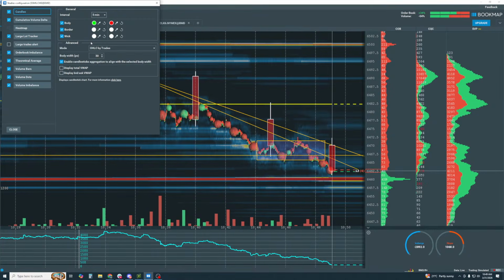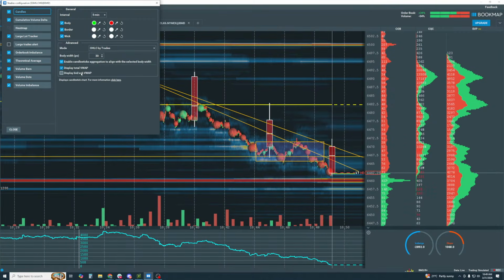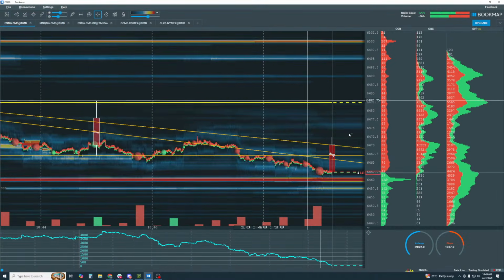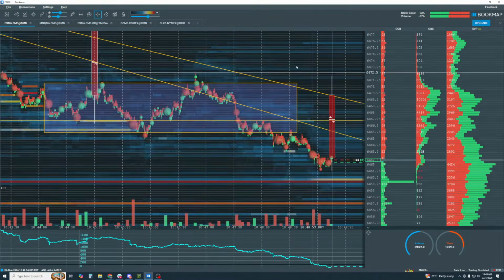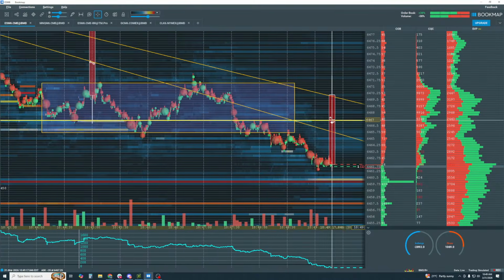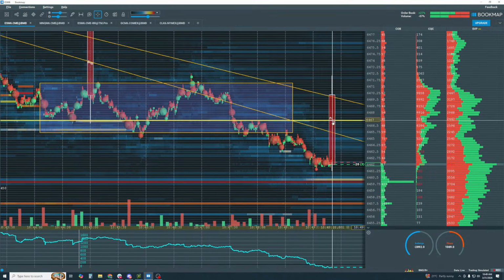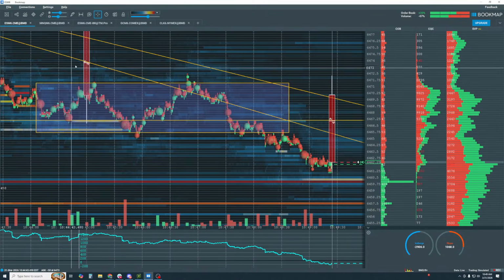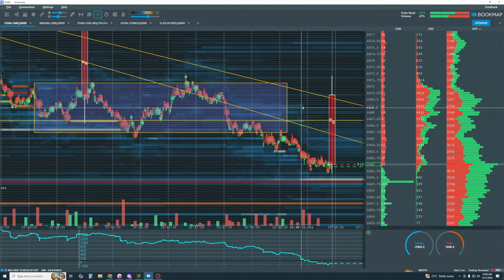Okay, and let's put on the VWAPs. It's pretty interesting. What he did was, this is the VWAP on the bid, on the ask, and the total as well, and they're very close to each other here.